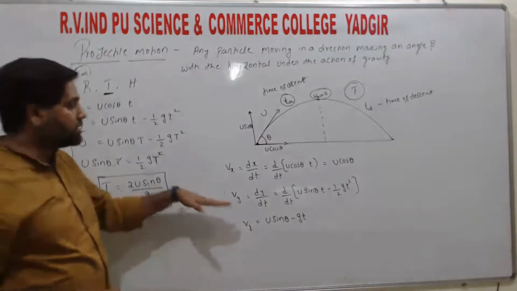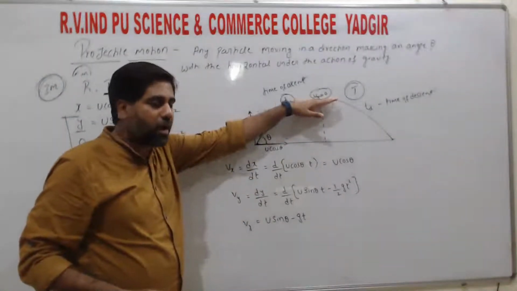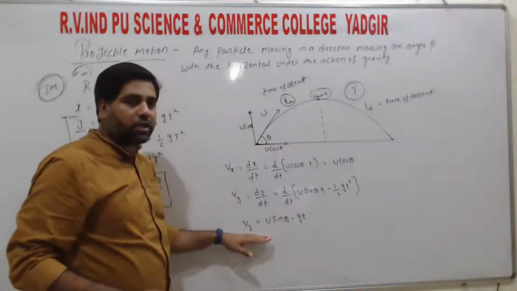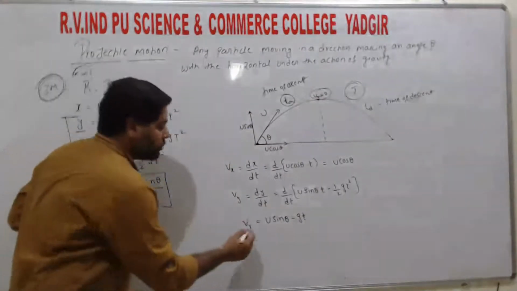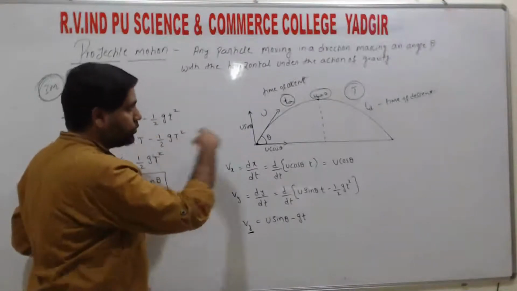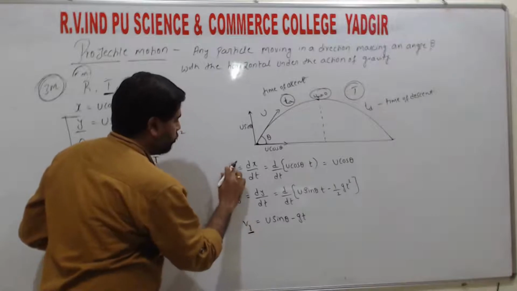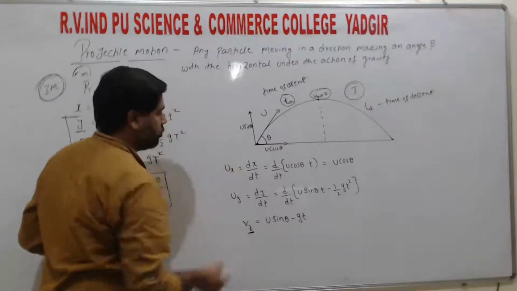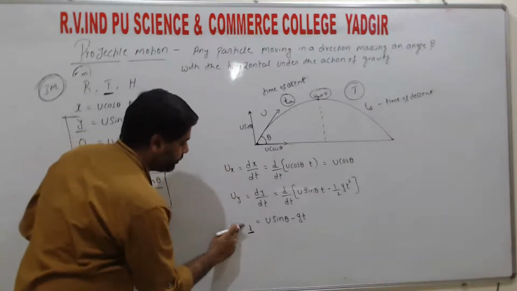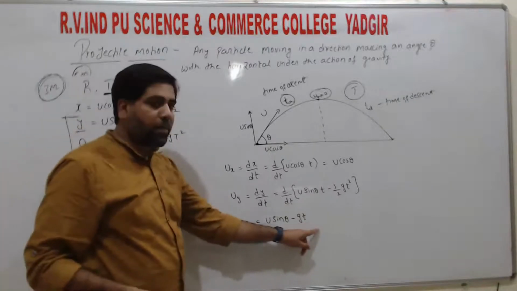So this gives the vertical velocity. Now, if we are finding the time of ascent, the vertical velocity when it reaches the maximum height becomes 0, right? So here we have taken uy, right, and ux. So uy is equal to u sin theta minus g t, right?